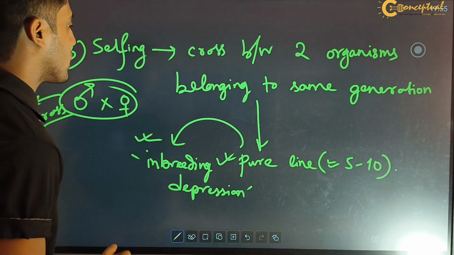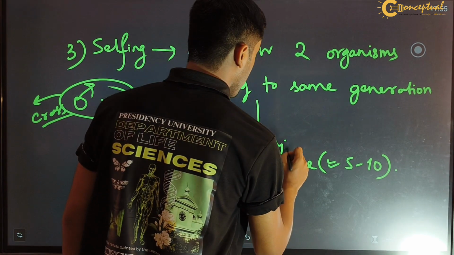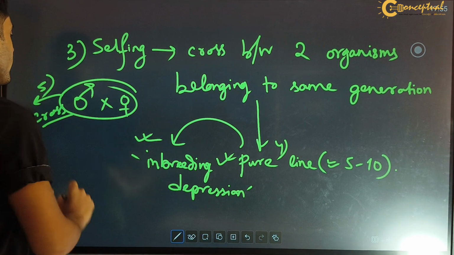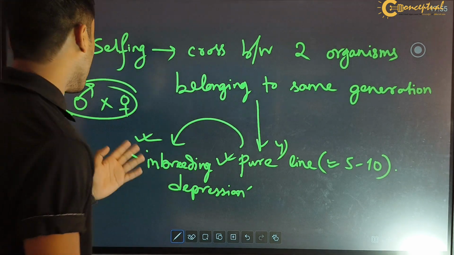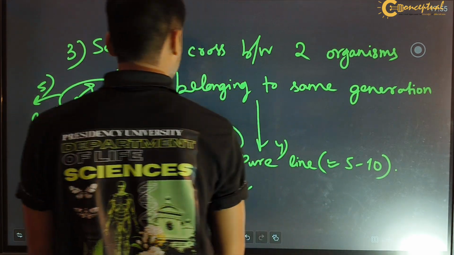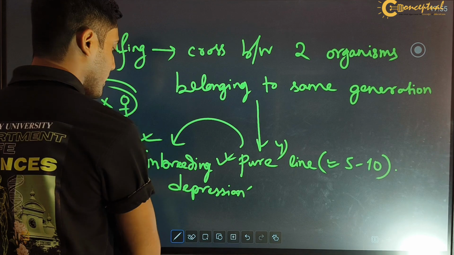So here we studied the words selfing, pure line, and a cross, where a male and a female are crossed or mated. All right, and this was another term which is inbreeding depression.